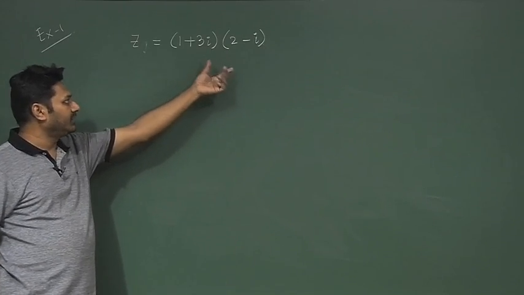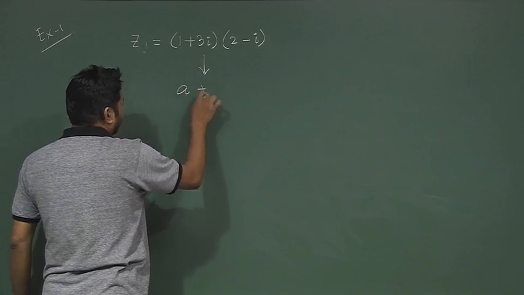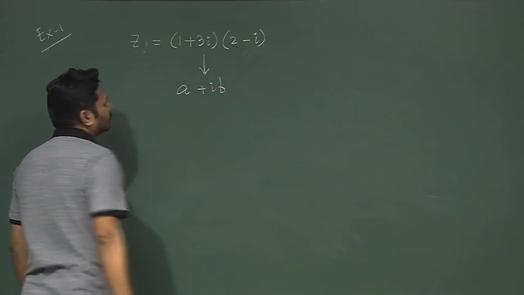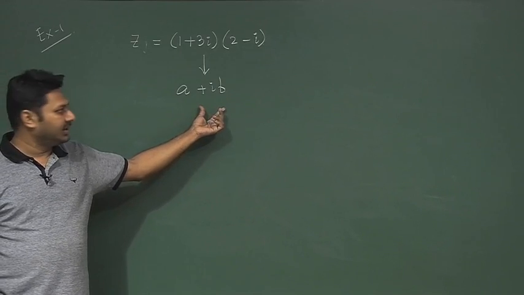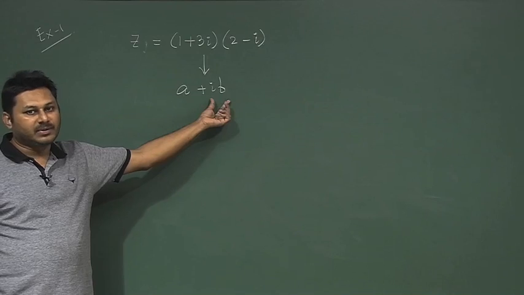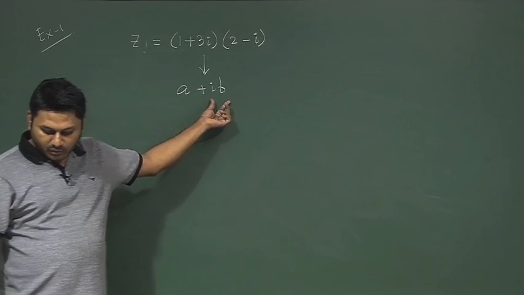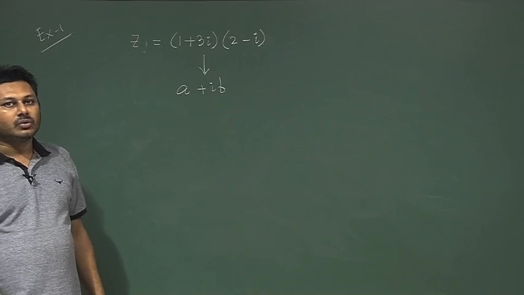Since it is a multiplicative form, you need to make it into a plus ib form. When you make it a plus ib form, things will be easier, because then you know what your real and what your imaginary quantity is separately, and it is essential that you know that.